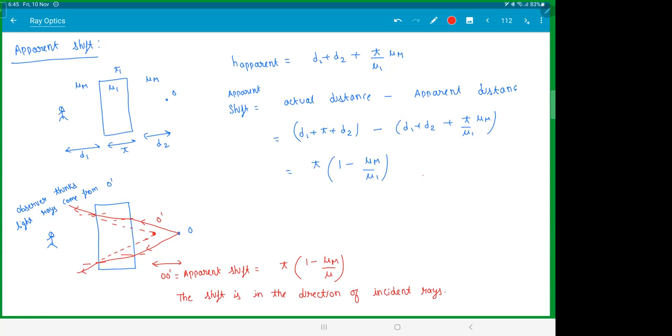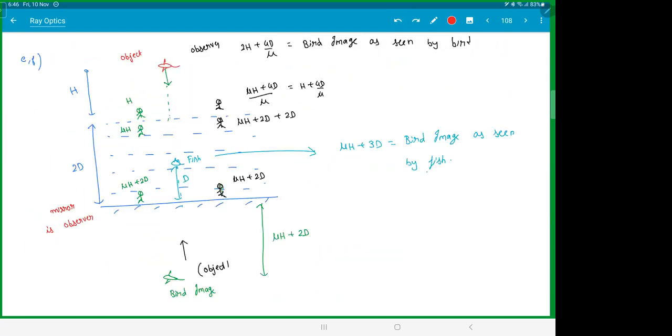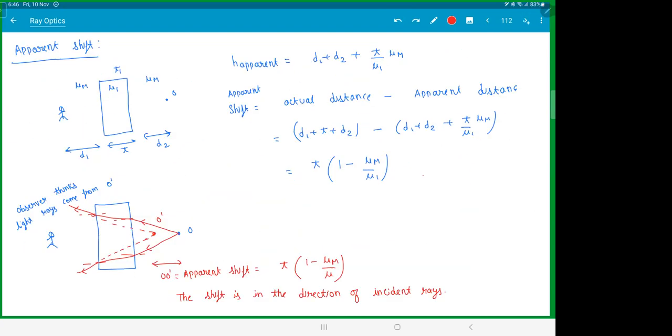But remember, this formula is useful for a slab, okay? The light ray should enter and leave from the same medium, mu_m and mu_m. If you mess up both the sides medium, this formula you can't use. Then you have to go back to the regular way of solving. If I make one side mu_m1 and another side mu_m2, you're gone. This formula won't work.